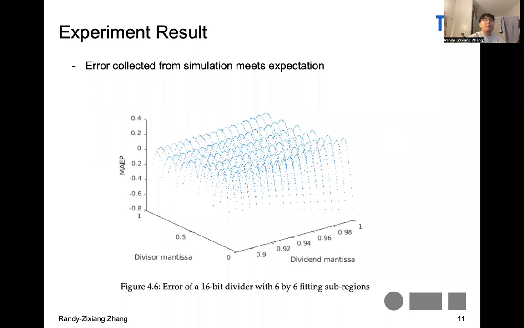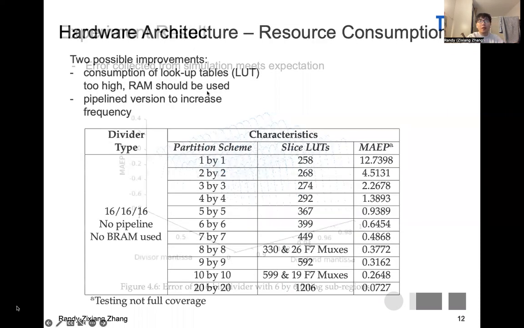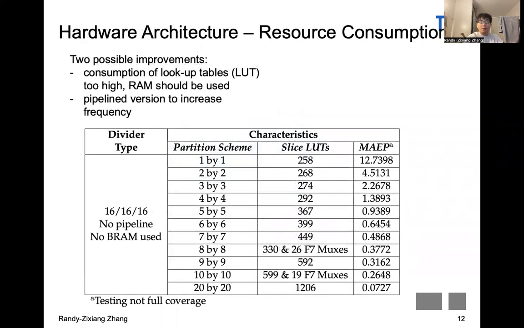The actual experiment results validate our prototyping from Python. Here is the diagram of the actual errors collected. It matches the data we collected in the prototyping stage. The resource consumption results are listed here, including the resource consumption levels such as lookup tables.